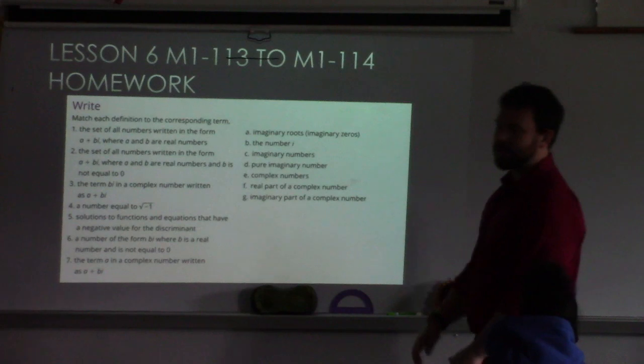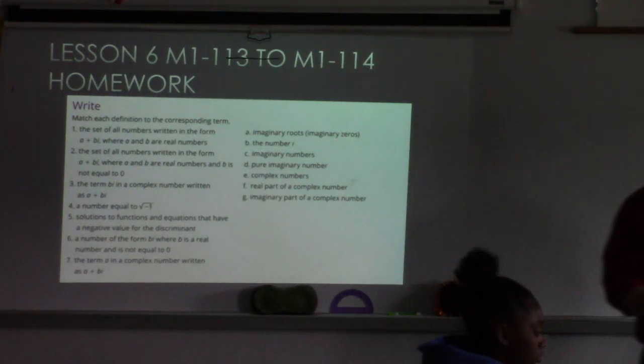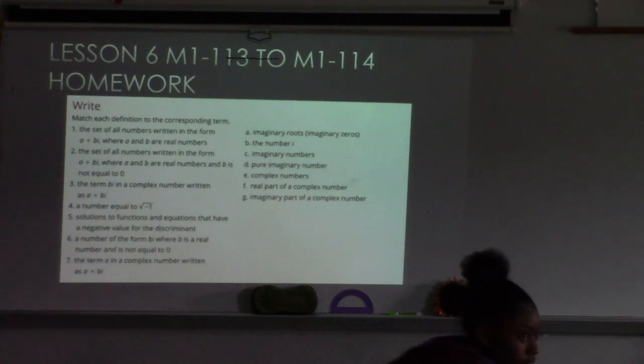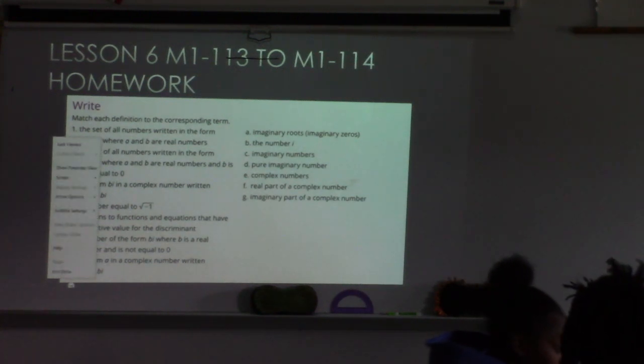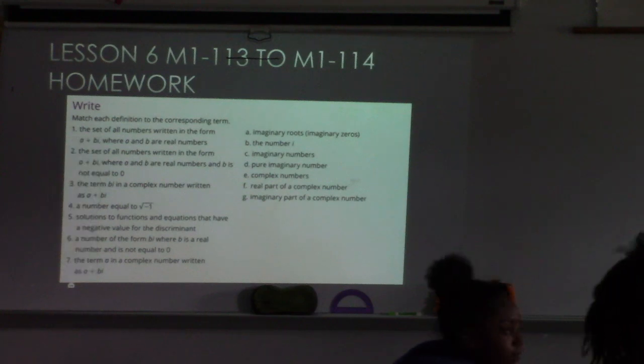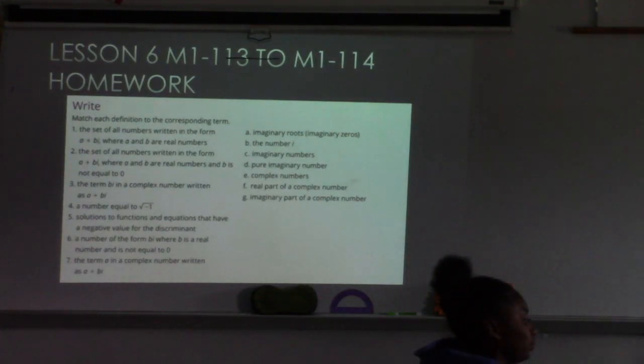This is lesson 6, somewhere around M1 dash 112 or so. 113? I literally guessed that. I knew lesson 5 was somewhere around M1 dash 90, so I guessed.